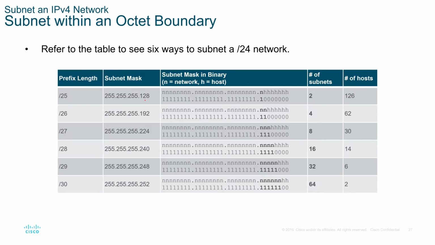So it would be 255.255.255.128. Remember, as we discussed earlier, it is a solid stream of ones, followed by a solid stream of zeros, indicating the network portion and the host portion.